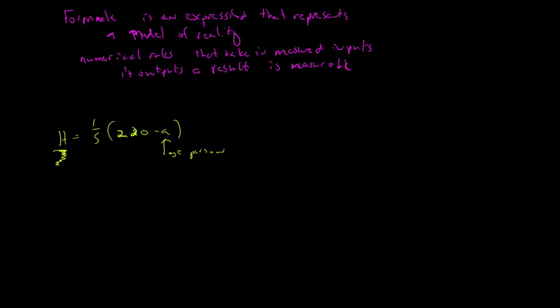Now they compare that to a formula for heavy exercise, where the heart rate is 9/10 of 220 minus A. If we look at these formulas, these parts are the same.